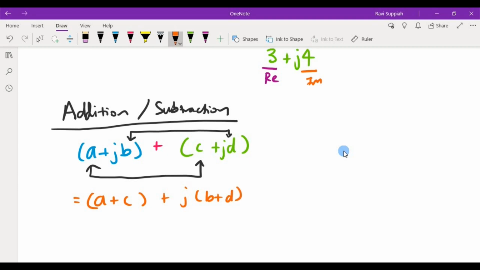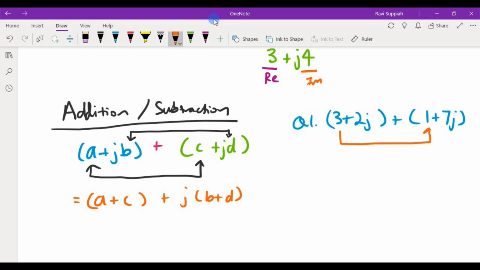Now let's try an example here. 3 plus 2j, added with 1 plus 7j. In order to perform this addition, the real parts will be added together and the imaginary parts will be added together.